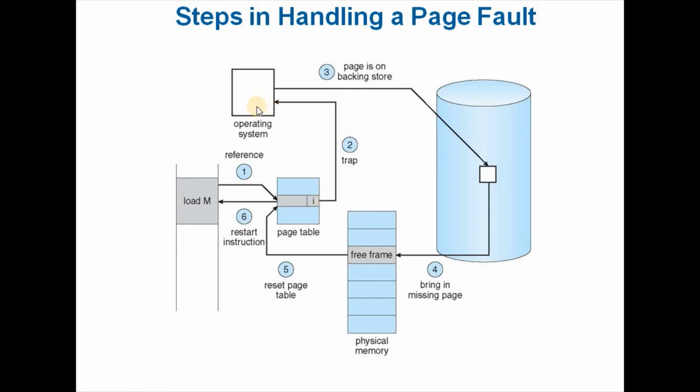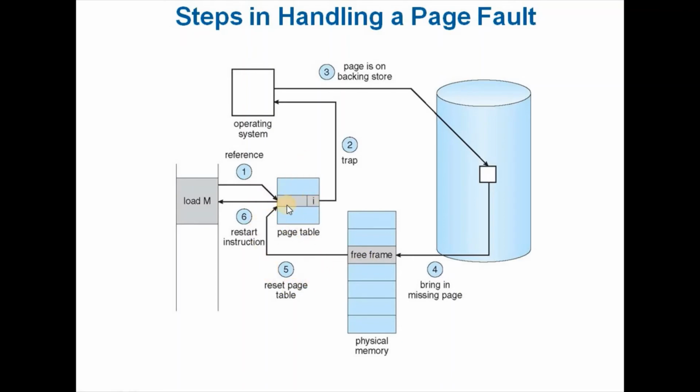The system will identify it is a page fault, and it will refer to the backing store to identify the corresponding page, and that page will be copied to a free frame in the physical memory.